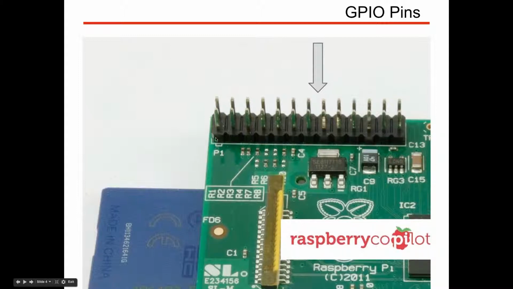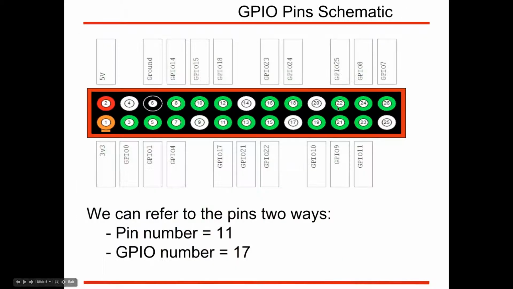Or you can do it by GPIO numbers, which, as you can see, pin 11 equals GPIO 17. Pin 1 equals 3.3 volts, which is a little bit more than 2 AA batteries. Then, as you can see, we can use the same terminology to define something the same way.